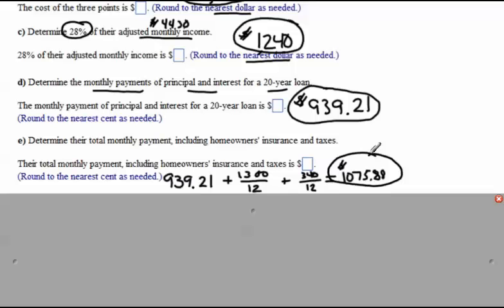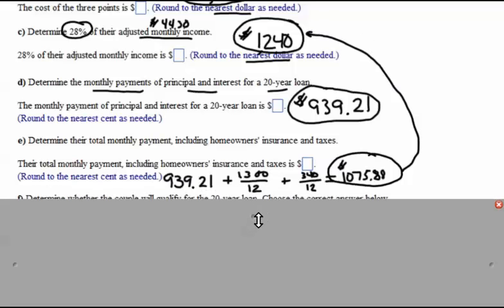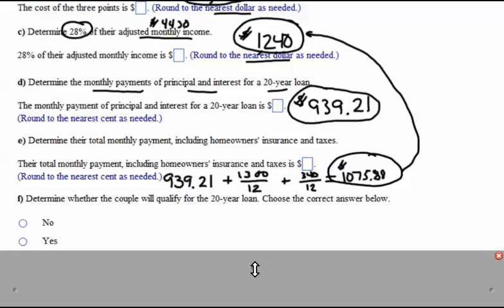Now, one good thing about that, compare it to the bank's criteria. This relates to the next problem. Determine whether the couple will qualify for this 20-year loan. Choose the correct answer below, yes or no. Well, recall that the bank wanted them to spend at most 28% of their adjusted monthly income, which is $1,240, on their payment for their house.